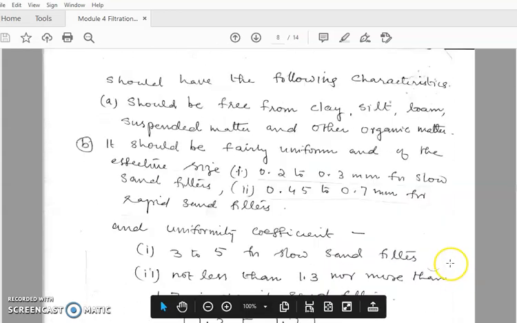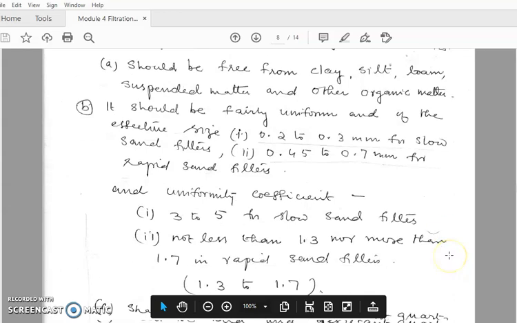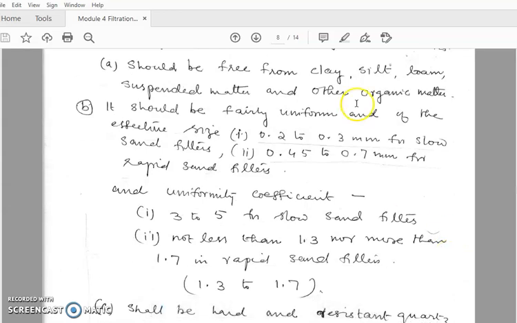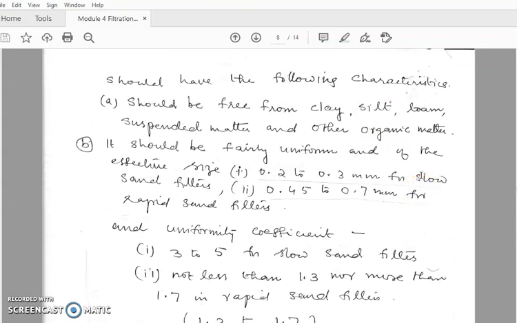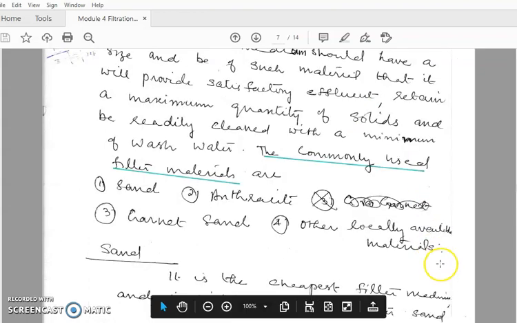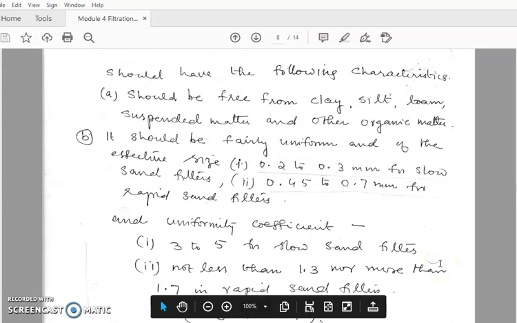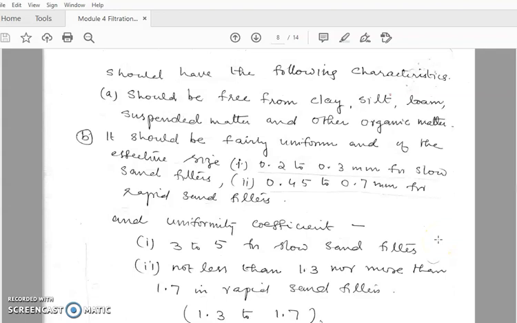That is the crushed coconut shells. You all remember many of the students are doing projects based on crushed coconut shells. Different types of such materials are there, but the commonly adopted media is sand.